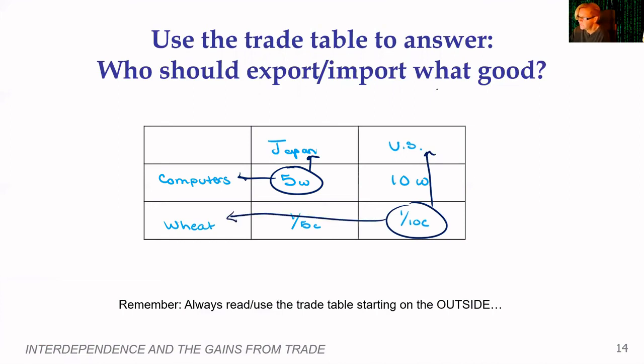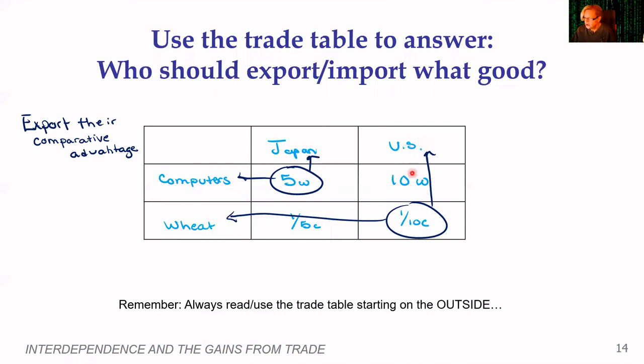Okay, so who should export and who should import? A country should export the good that they have a comparative advantage in. So if we look at this, that must mean that Japan should export computers.